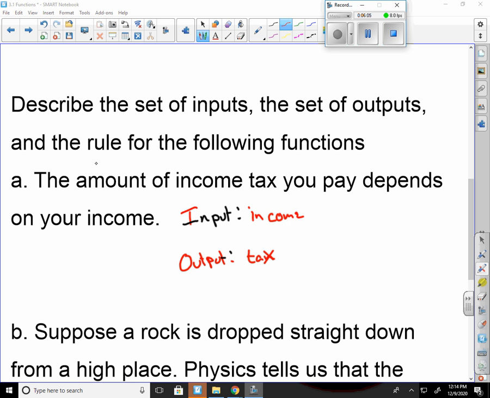And it says in the rule for the following functions, the more you make, the more they take. That's our rule. The more income we bring in, the more that they take away from us.